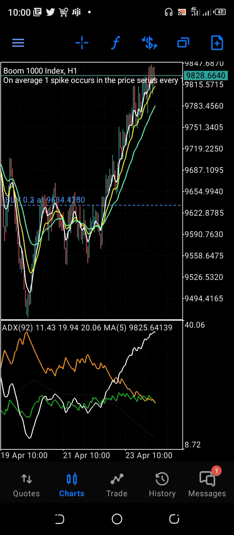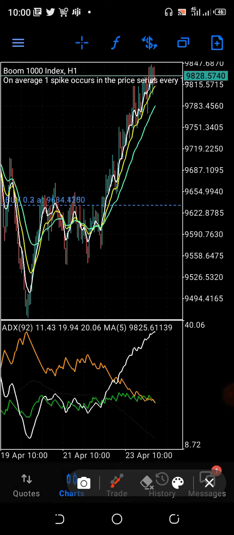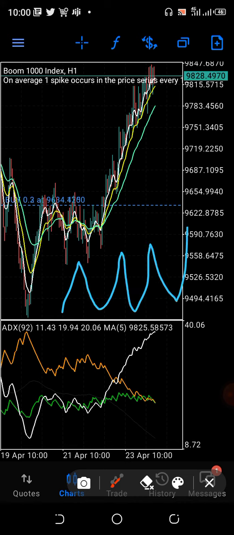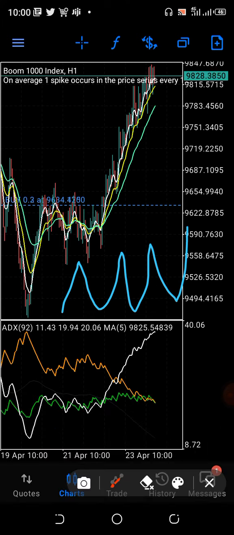That is the essence of having your moving averages. If you have your moving average, the advantage is that if the market is going in this direction, instead of you making a series of mistakes, you add the moving average.